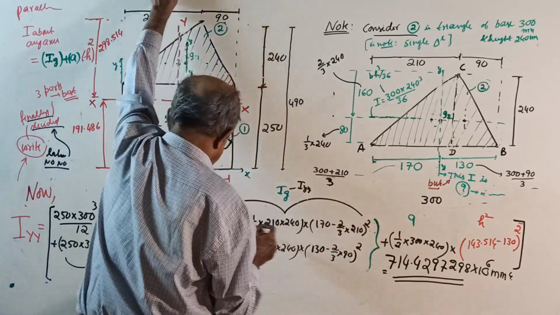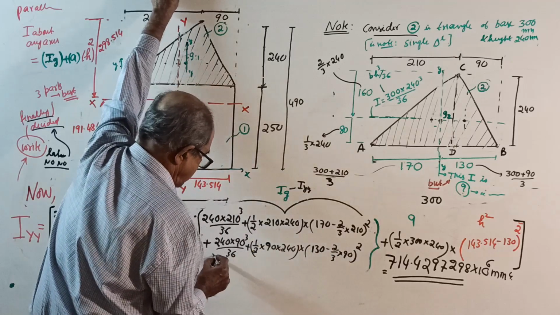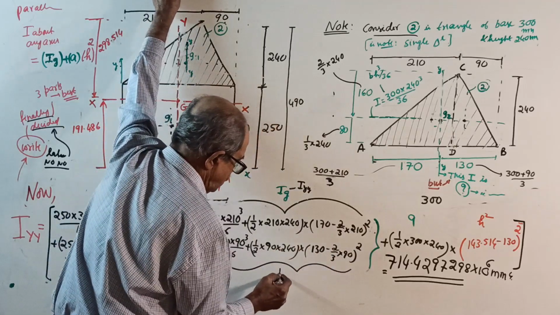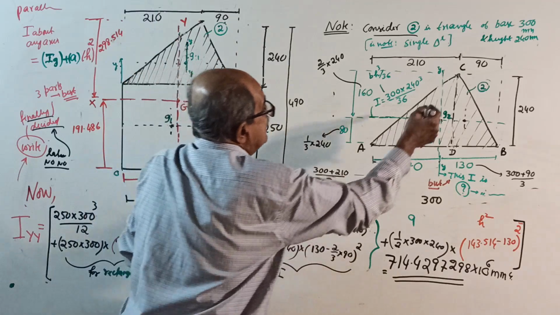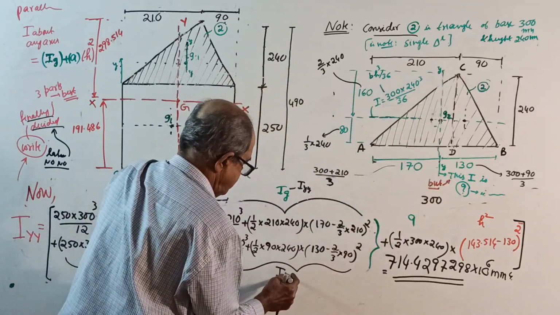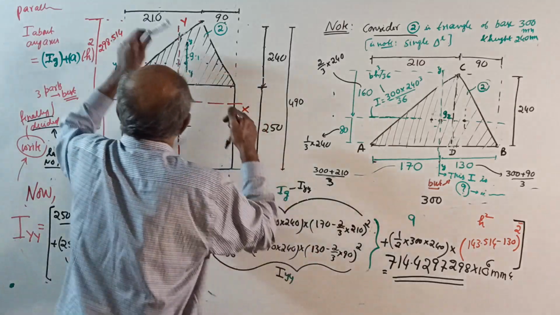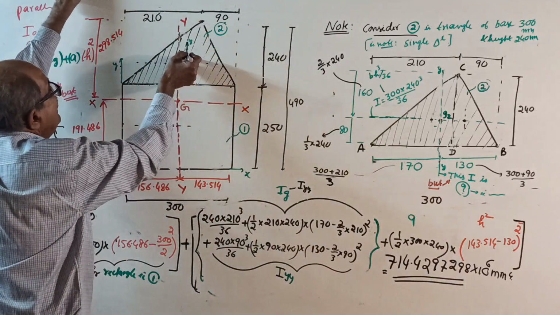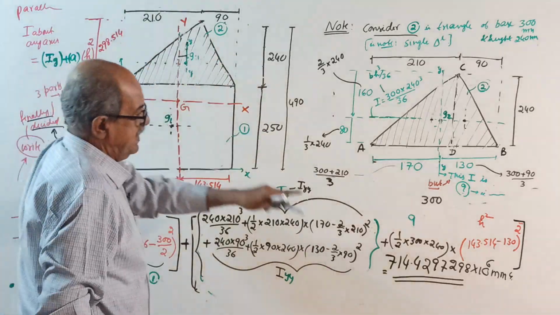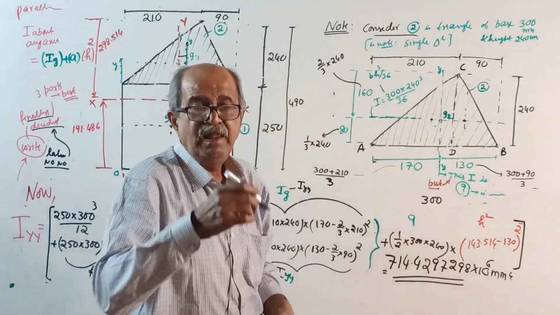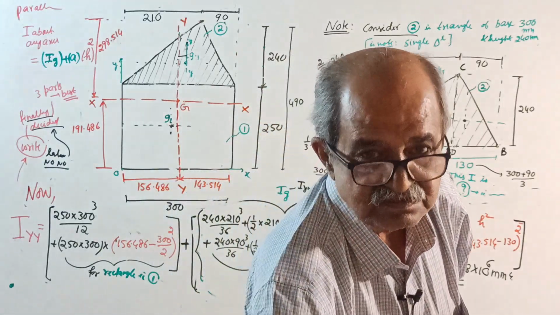Okay, this will give you your I about this YY, plus area into this distance square, same as that one. Let me check this answer also.